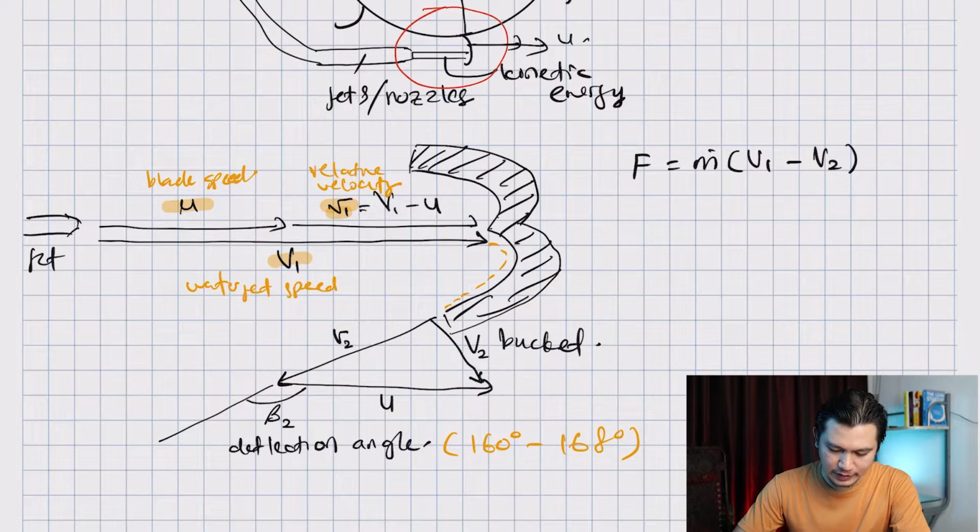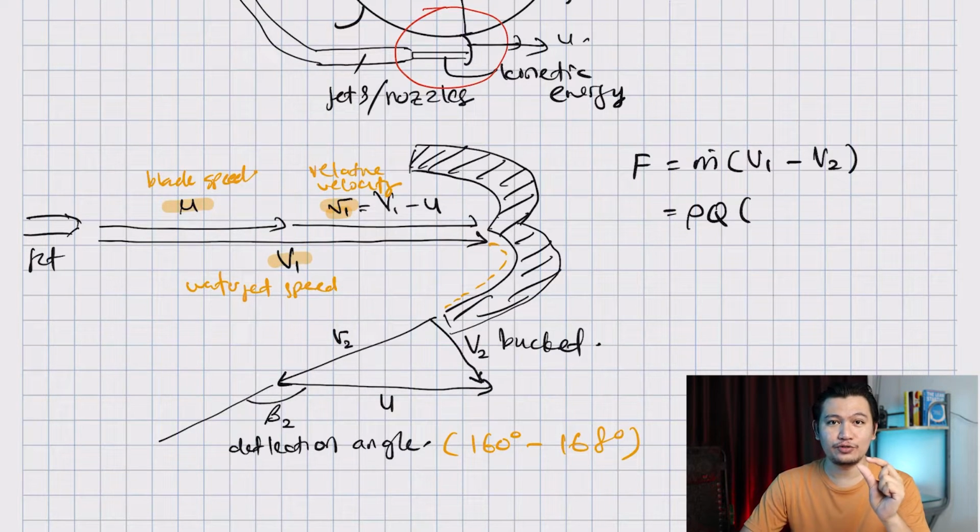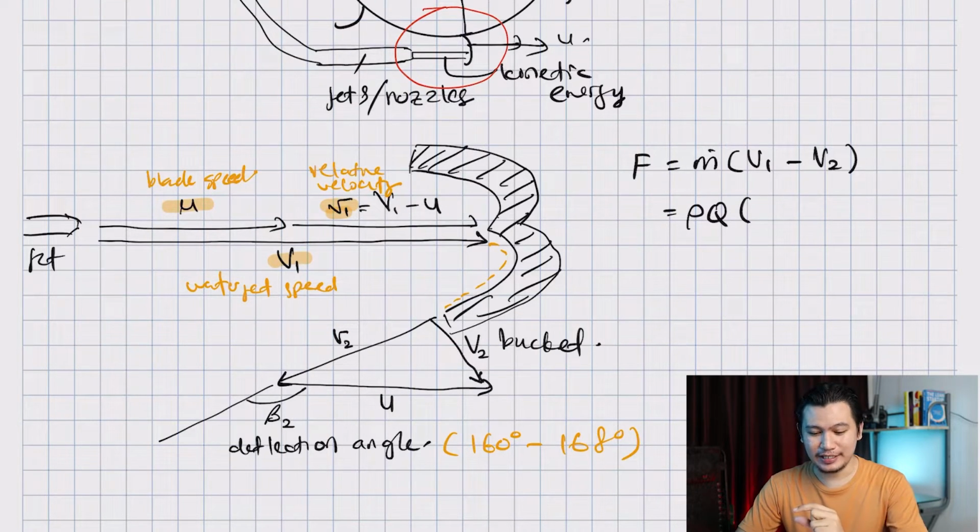If I do the linear momentum equation, force is m dot times V1 minus V2. m dot is rho times Q, and V1 is the velocity that hits the bucket. In our case, the velocity has to be the velocity that the bucket feels.